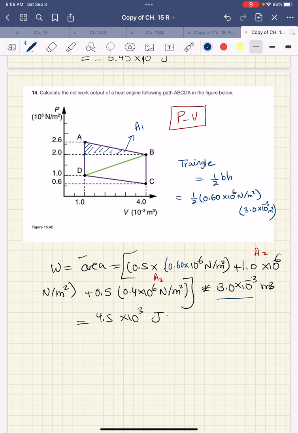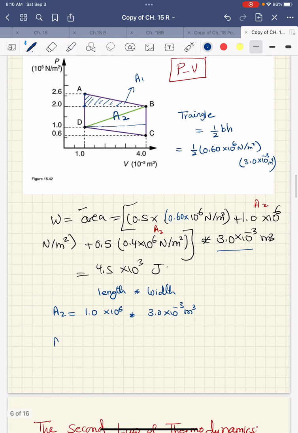Now, A2 is going to be this one too, and it is what is called a rectangle, that is 1 times 10 to the 6, then the area 2 is 1 times 10 to the 6, I will say length times width, times 3 times 10 to the negative 3 cubic meter.